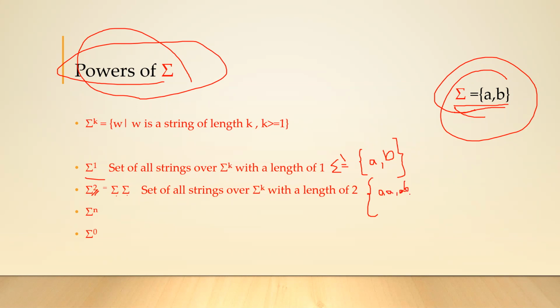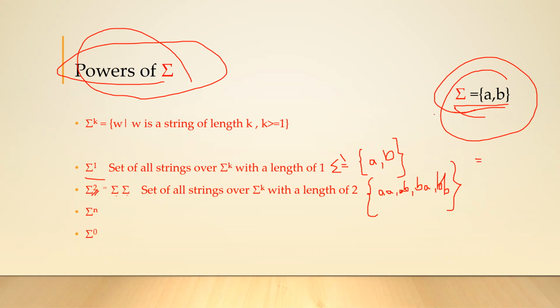Then you can even have a string called BA. You can even have another string called BB. These are the only possible strings which you can have from sigma equal to AB, which has a length of 2.